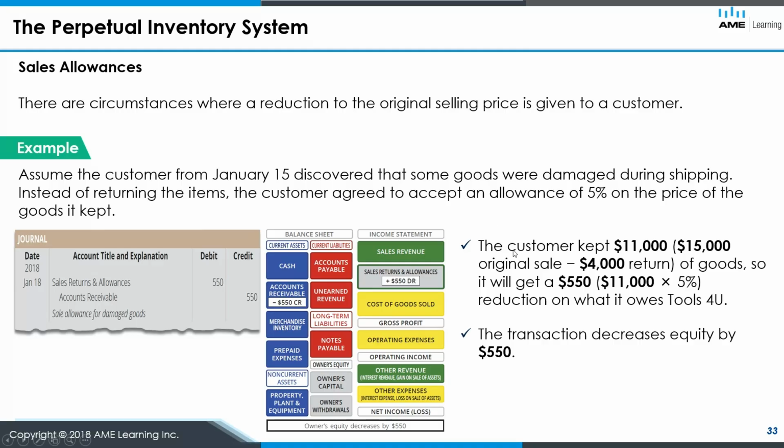So here we've got this example that says if our customer accepted an order and the products were damaged, for instance, damaged during shipping, and we say, hey, if you can just keep those items, we'll give you a 5% discount, if you do. So the customer agrees. They keep $11,000.